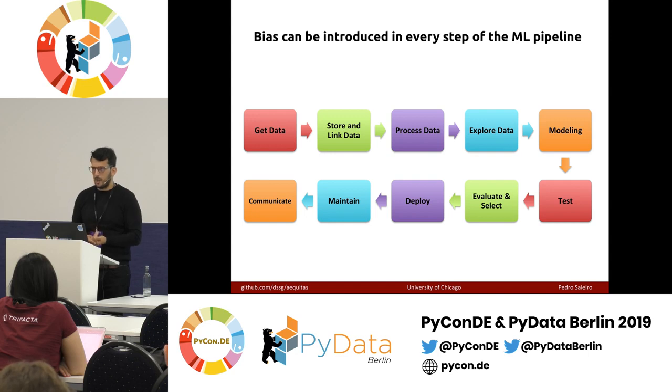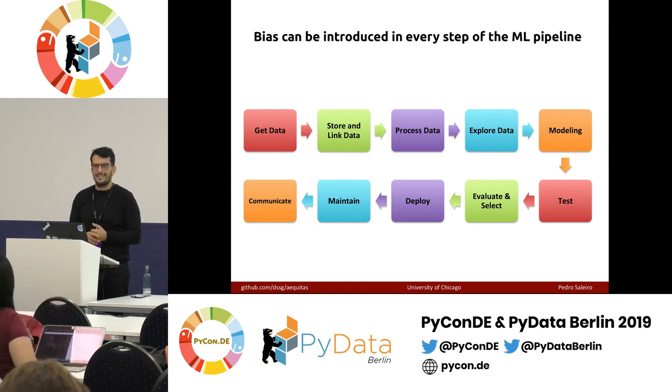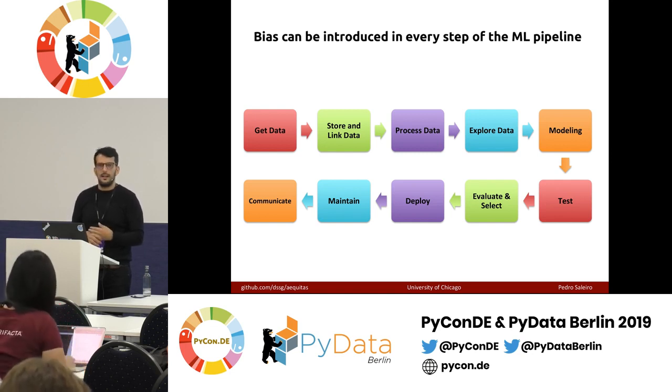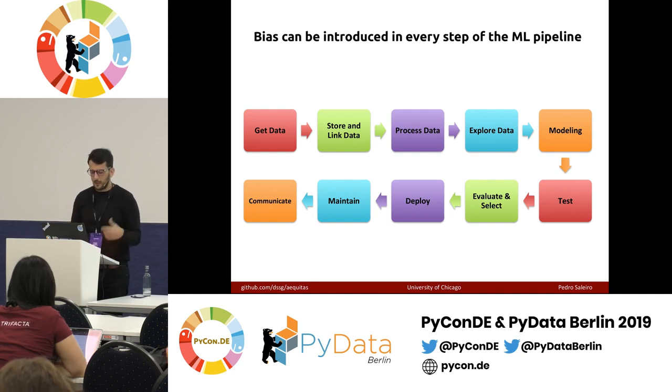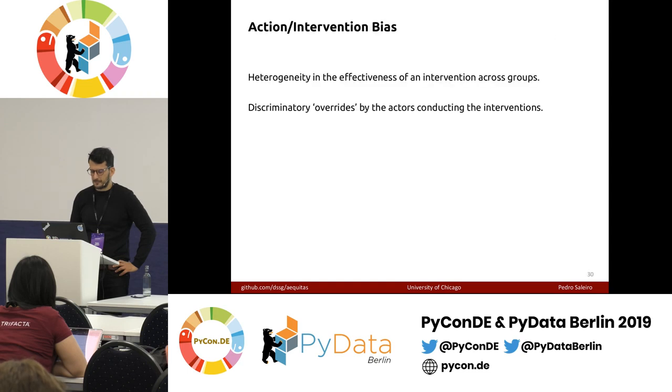Then the way you deploy, how the intervention is going to be used, the way you teach people to use the model, the way you maintain it, whether you are often retraining or not, and whether you really care if there is any kind of concept drift, the way you communicate to people how to use interventions or not. Everything is introducing a specific bias.